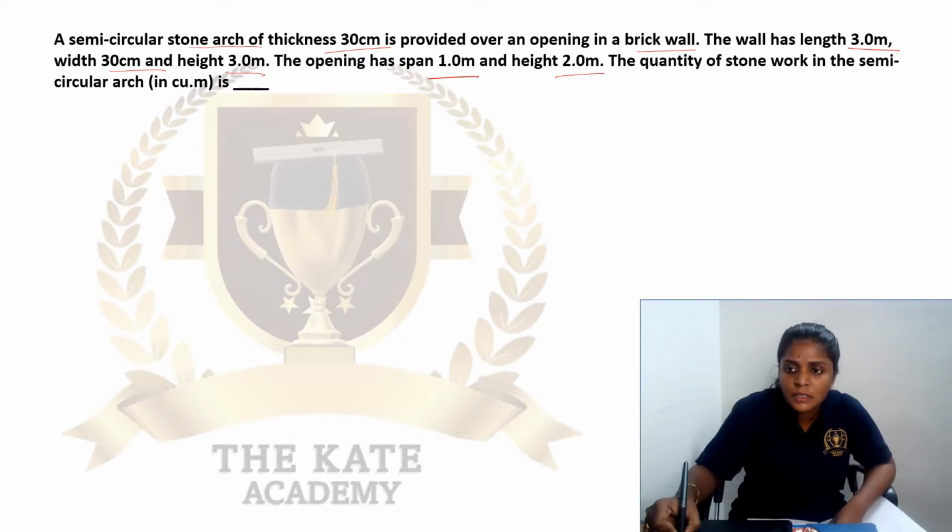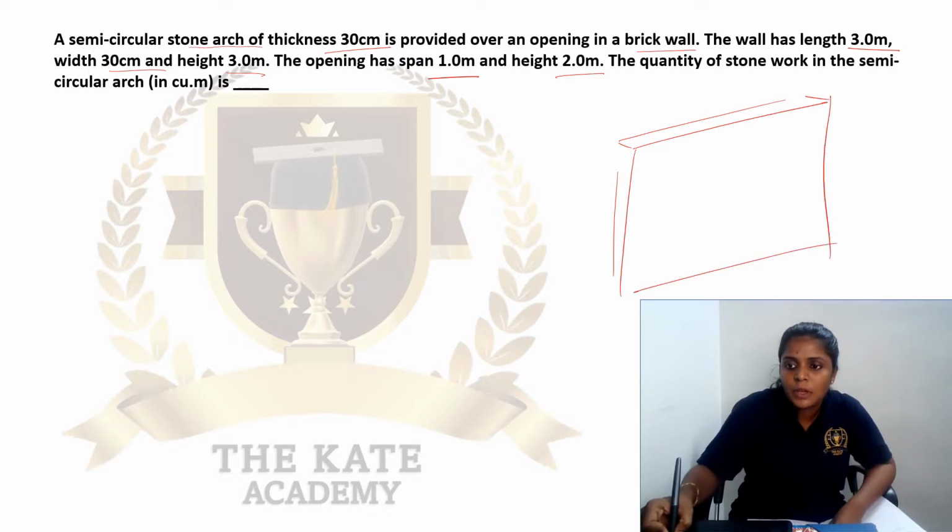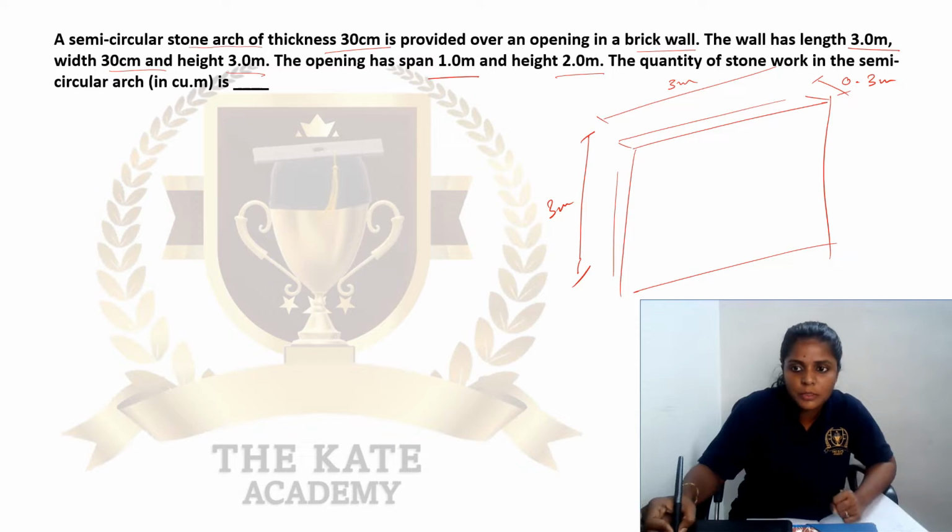First understand it is a brick wall. Now the brick wall has an opening. So first the brick wall dimensions are 3 meter, 3 meter and this is 0.3 meter, 30 centimeters, so 0.3 meter. Okay.